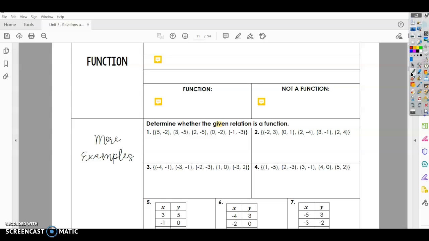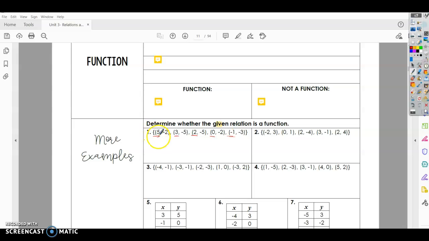So the domain is 5, 3, 2, 0, and -1. If these are all different, it is a function.